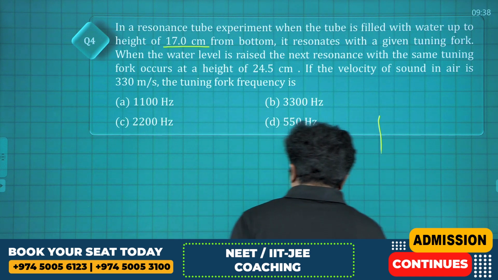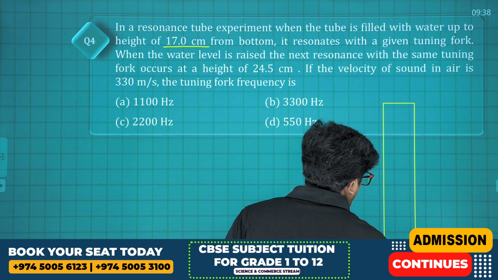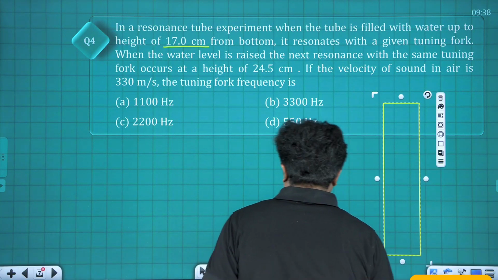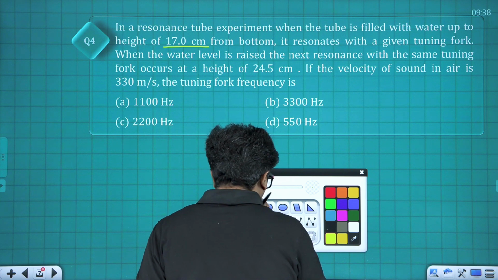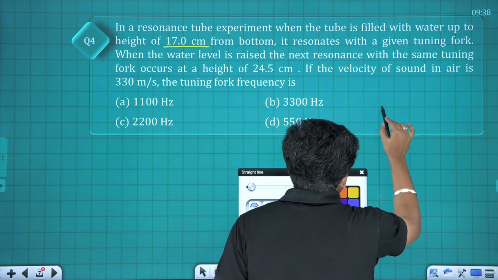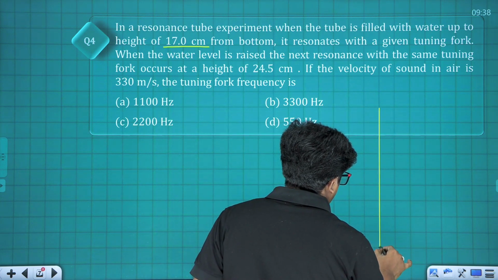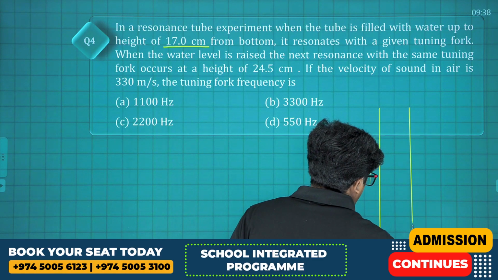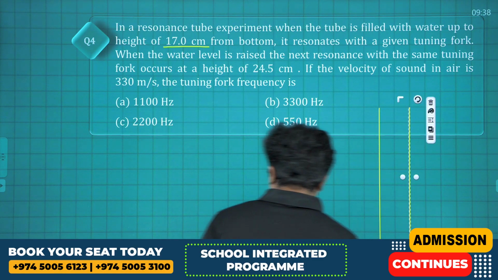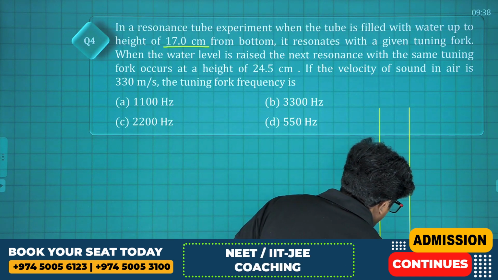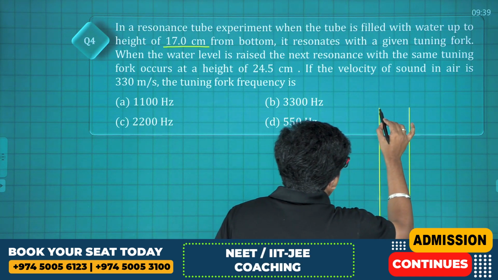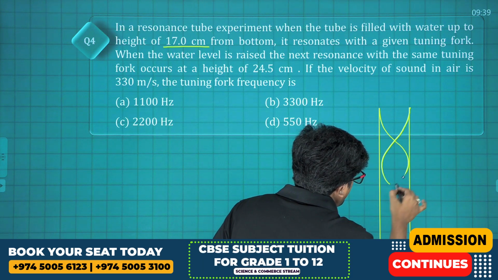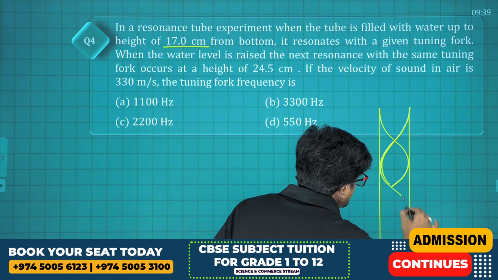Let this be the tube. You must understand this as an open tube only. Let me draw it like that. These are the two walls and here this is the base, and the waveform can be drawn like this.